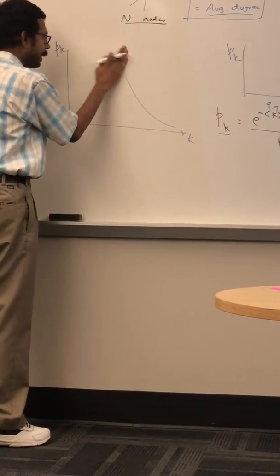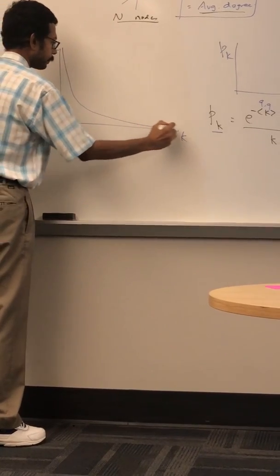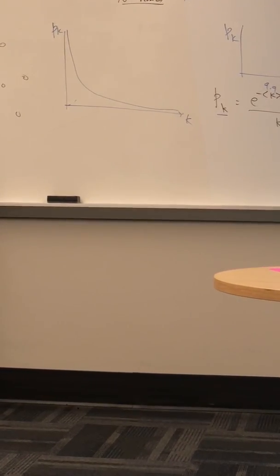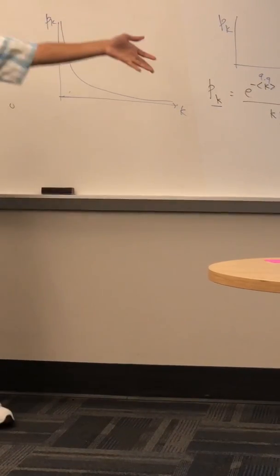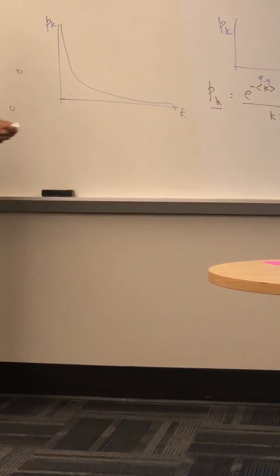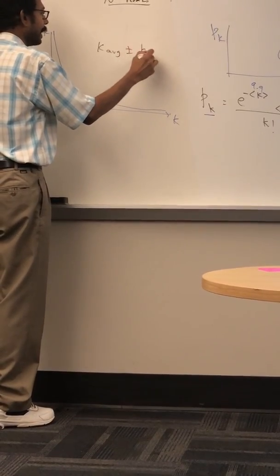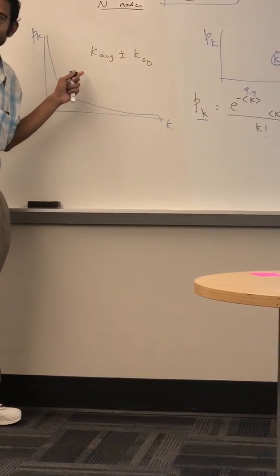So for scale-free networks, the curve would be like this. For such networks, the standard deviation of the node degrees may be even greater than the average node degree. So we cannot say the range of node degree is K average plus or minus the standard deviation if the standard deviation is greater than the average.